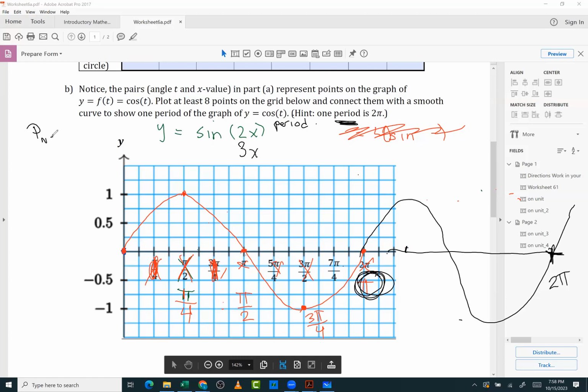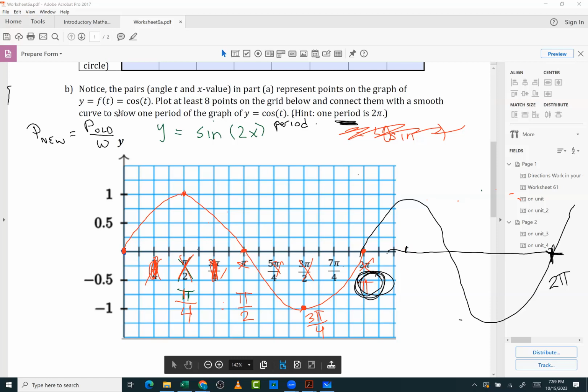The new period is equal to the old period divided by B in the video, but I think it's called omega in your book. Okay, so what does that mean?